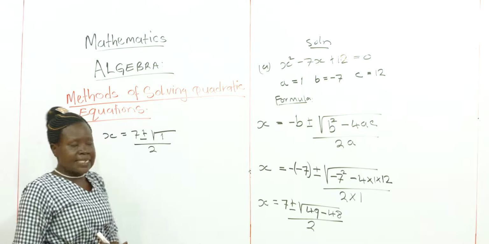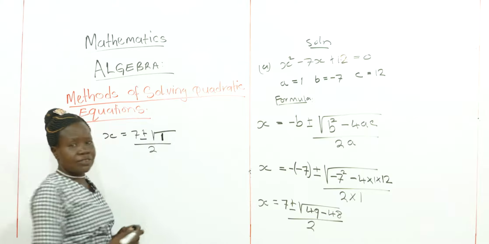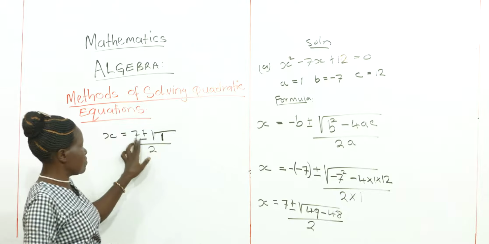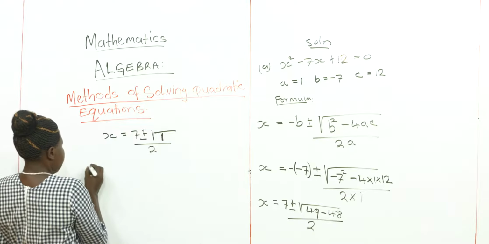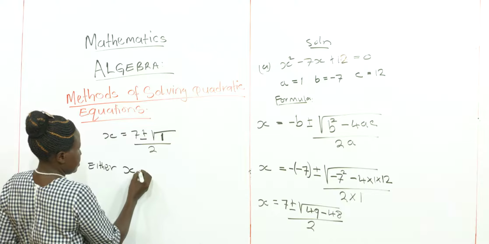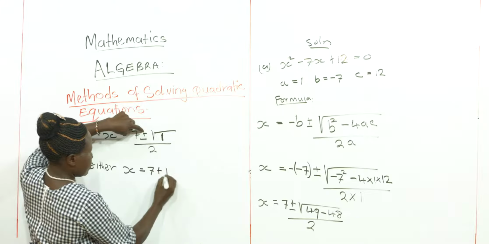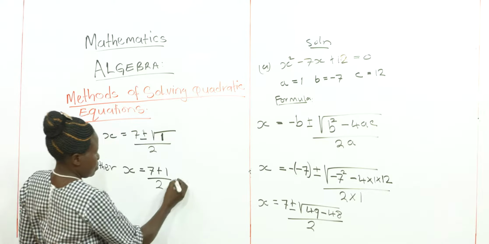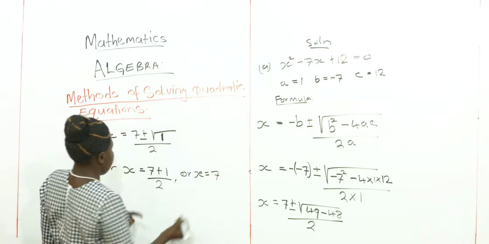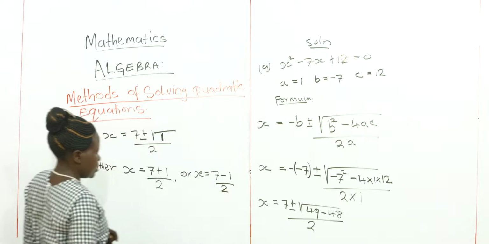My dear learners, at this level where you get a result that does not have a perfect square root, you ignore the root, and then you simplify the roots by saying I will have either x equals to 7 plus 1, all divided by 2, or I will have x equals to 7 minus 1 divided by 2.